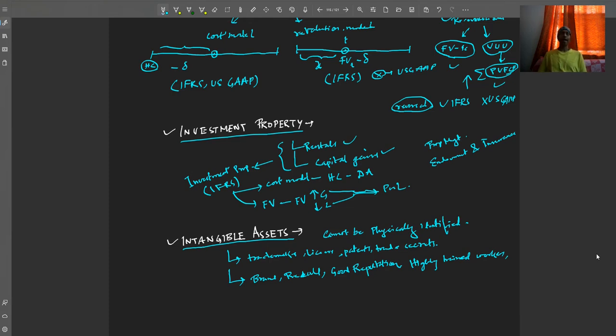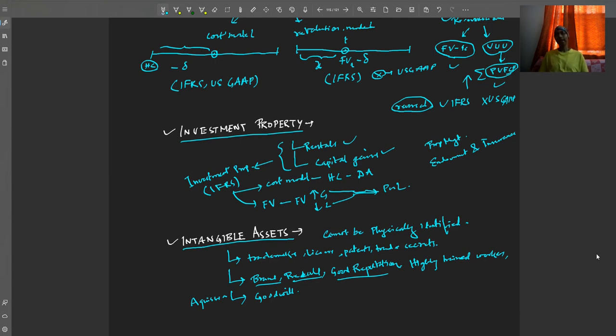Now when acquisition happens, the acquiring company has to recognize something called goodwill. This is basically the extra amount that the company has to pay other than for the physically identifiable assets because of intangible assets like brand name, brand recall, a good reputation, highly developed internal systems, etc. So when it is internally developed, there is no such thing as goodwill to be mentioned.